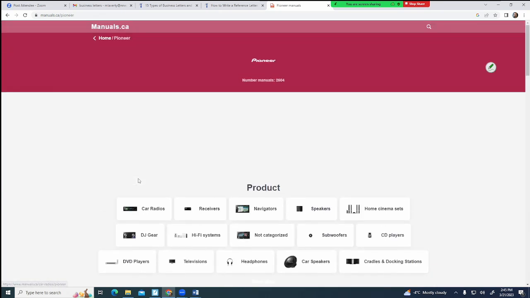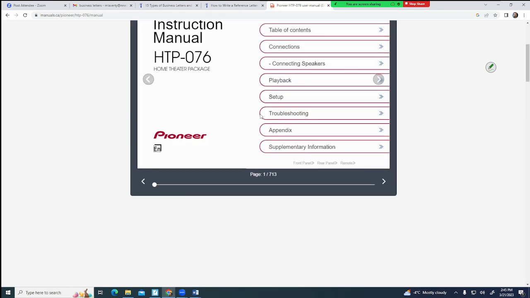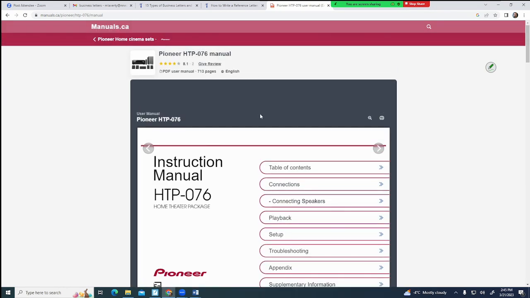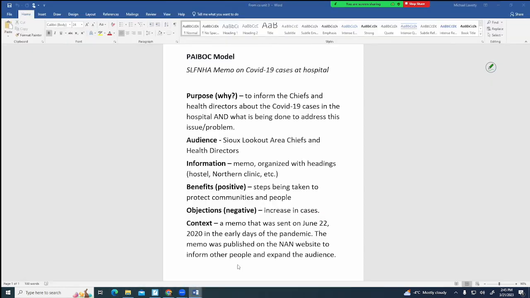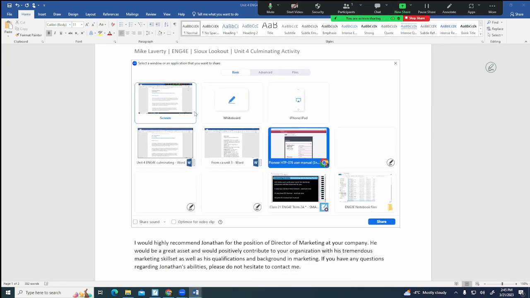So Pioneer. Let's see. I got a home cinema set. Yeah. So you just got to find a manual, and even if you just type out the URL, where you found it, that's more than okay for the manual.